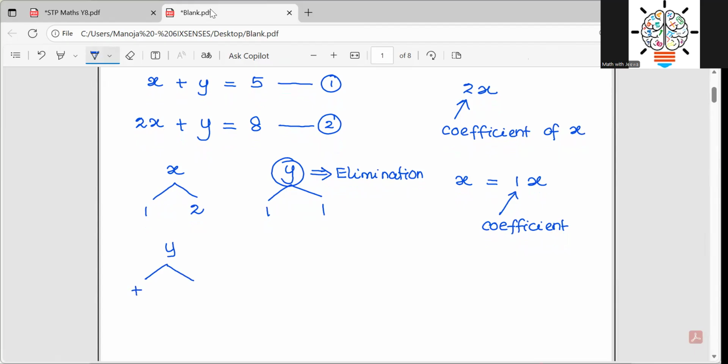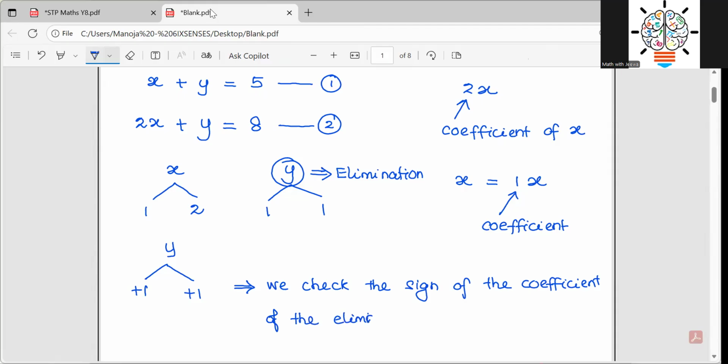Here it is plus 1 and plus 1, right? I will write the step. We check the sign of the coefficient of the eliminating letter.